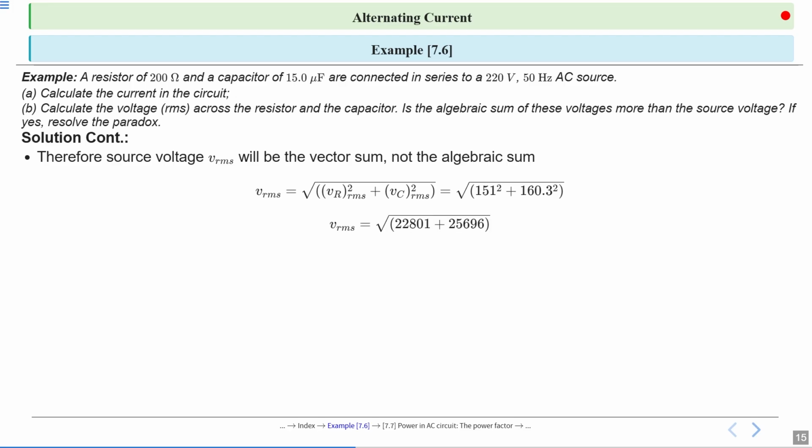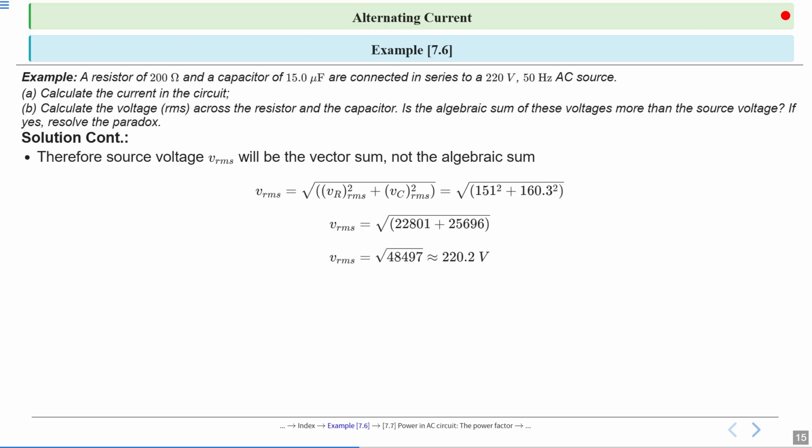So V RMS is equal to root of 22801 plus 25696, which is root of 48497, approximately equal to 220.2 volt. This nearly matches the source voltage. The calculated effective voltage in the circuit is matching the source voltage.